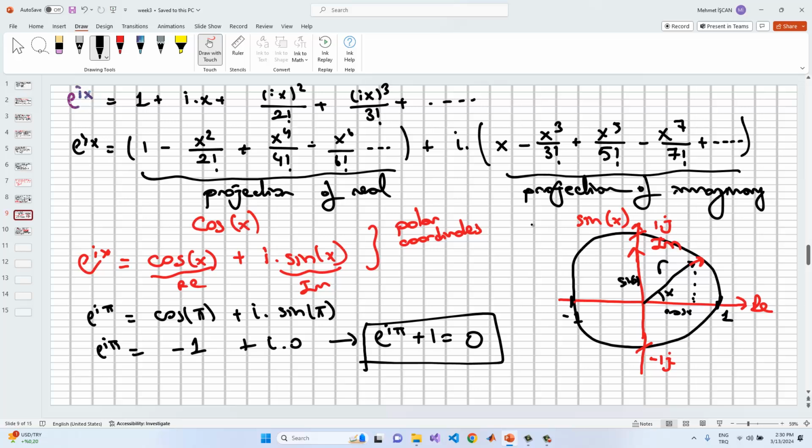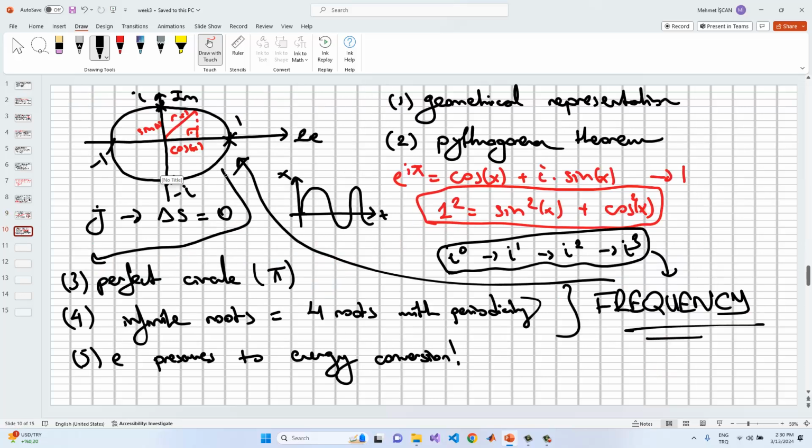Any continuous or discontinuous function, because we have the infinite roots in here. But with what? With this Euler shape. Okay? Do you understand this concept? The graphical shape of the frequency is the what? Is this circle.